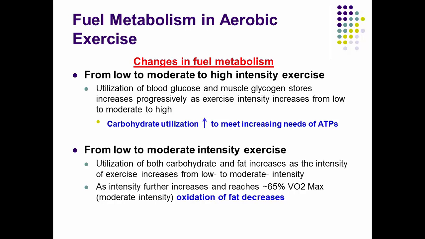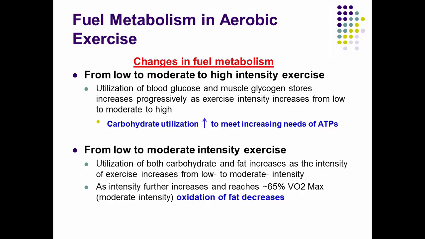Okay, so I think we stopped here last time, talking about the change of fuel utilization during exercise from low to moderate to high intensity. Remember, we talked about the two different energy fuels, carbohydrate and fat.